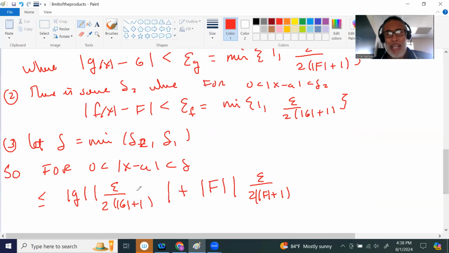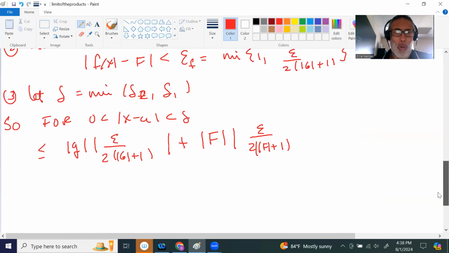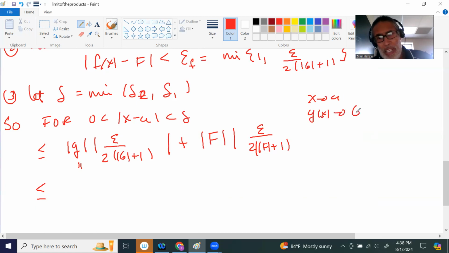Okay. Now, what we want to do is we now realize that because this is getting smaller than G, this part right here, because remember, as x approaches a, g of x approaches big G. Well, this thing right here, we can say that the difference between this thing here is going to be less than or equal to this limit of G, because remember, this is getting G plus 1.